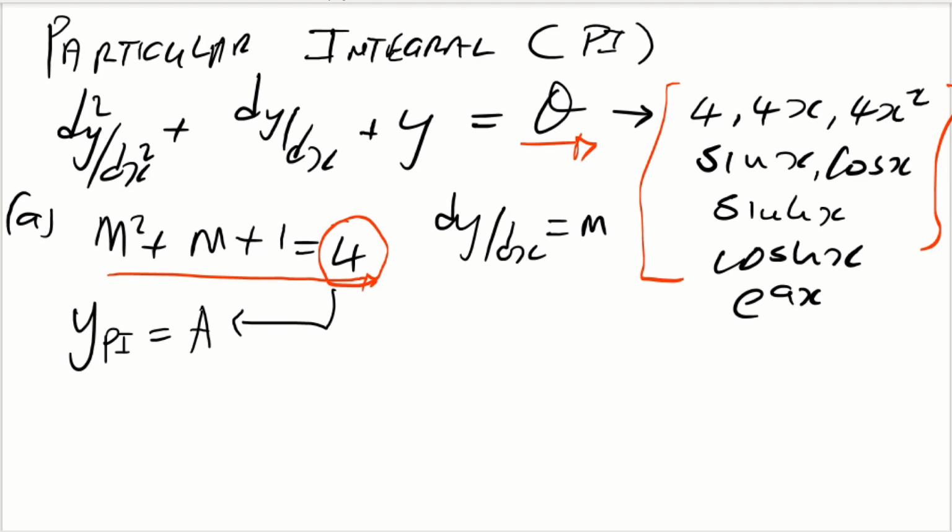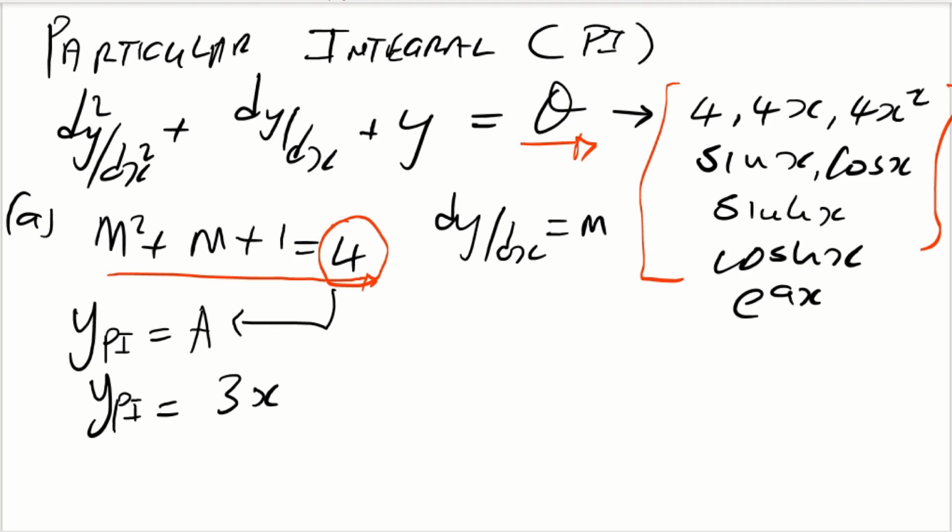So let's do the next one. Let's say instead of 4, you write 3x. It's equated to 3x. Please note that this YPI is the left hand side of your equation.